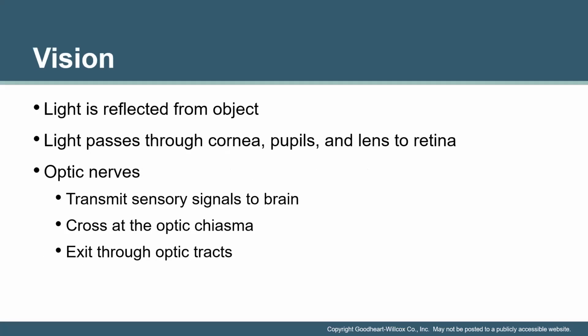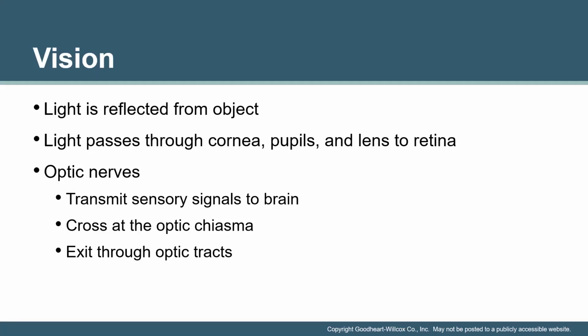So the way that vision works is kind of cool. The eye will perceive an object when the light is reflected from that object. Okay, so it's something outside of us, reflects light back to us.